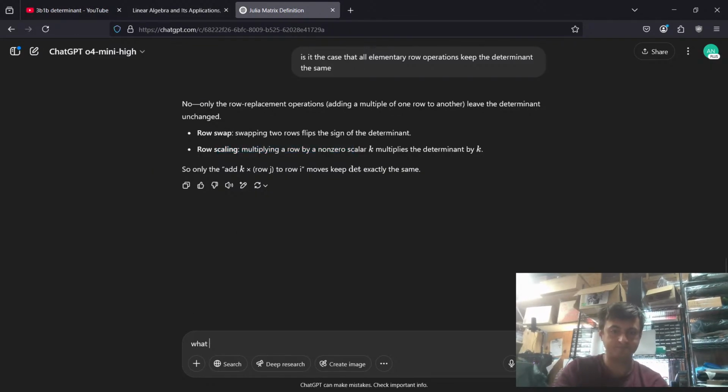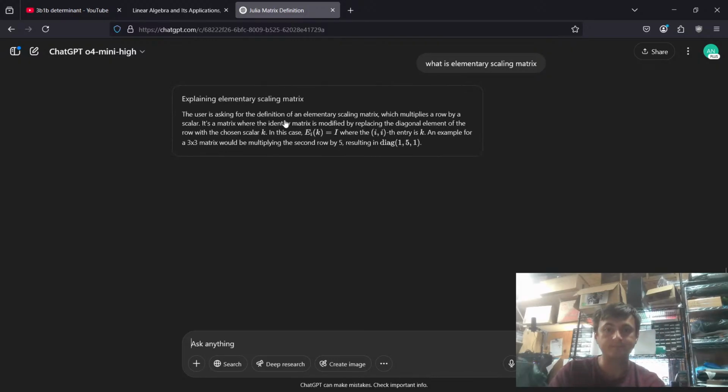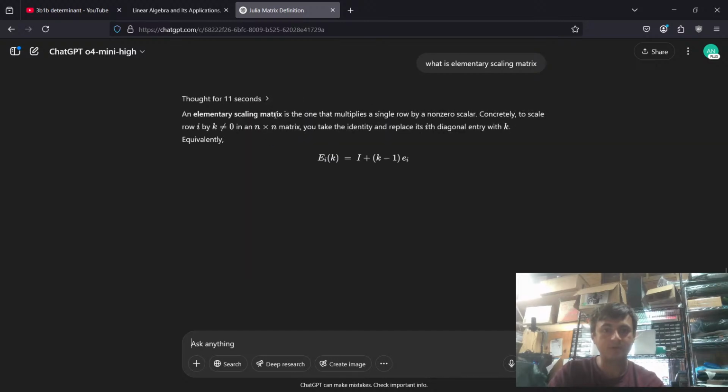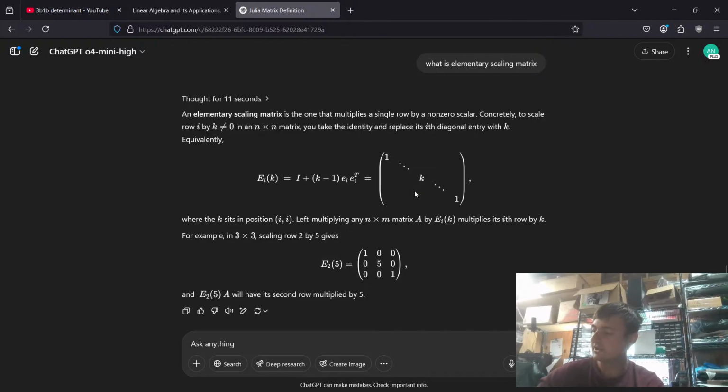I think that's just where you've scaled a row. Yes, it's one where you multiply a single row by a non-zero scalar. So for 32, the det of E, the elementary matrix, is equal to K times det of I, so it's just K. All right, cool.